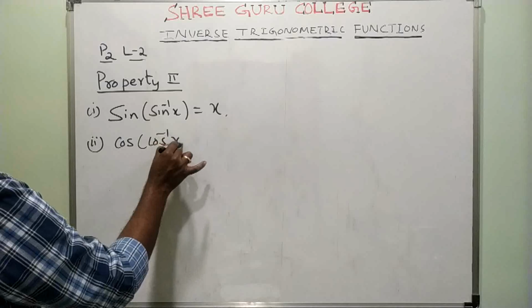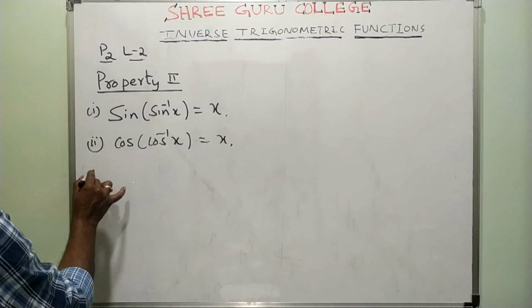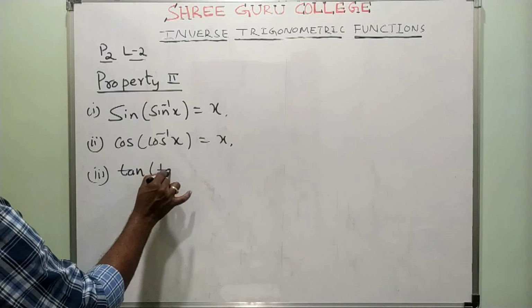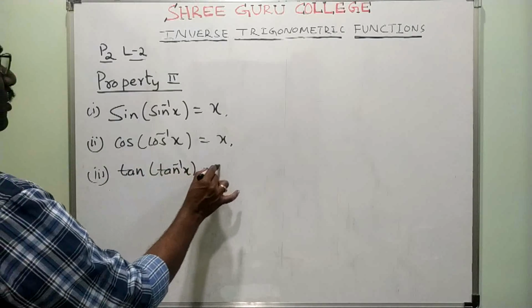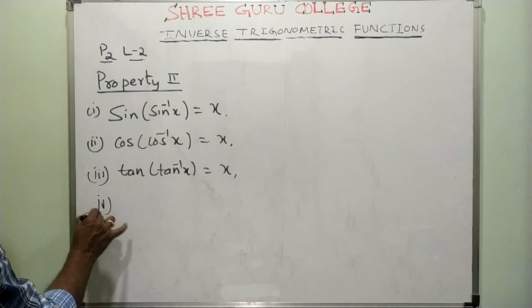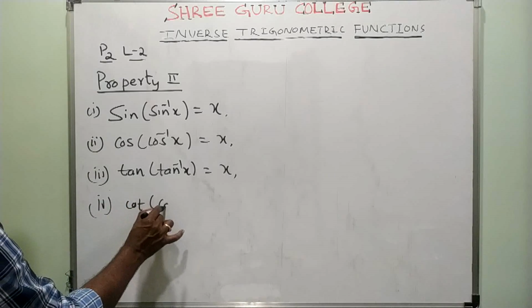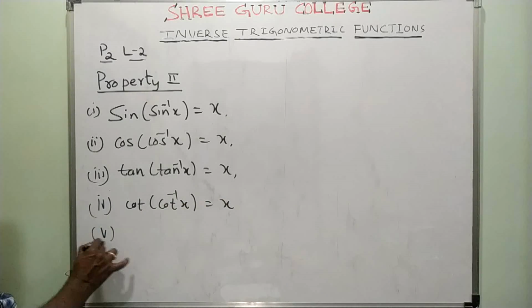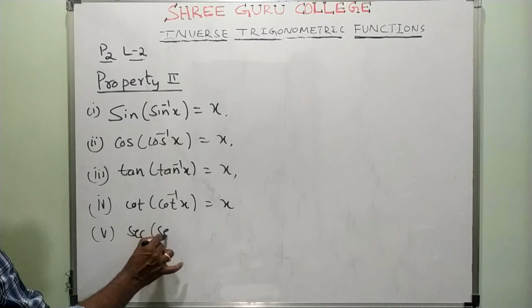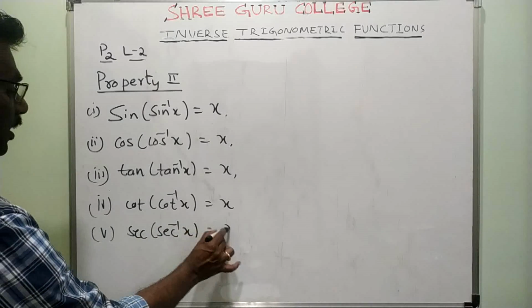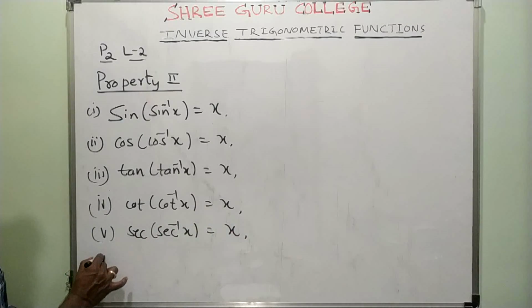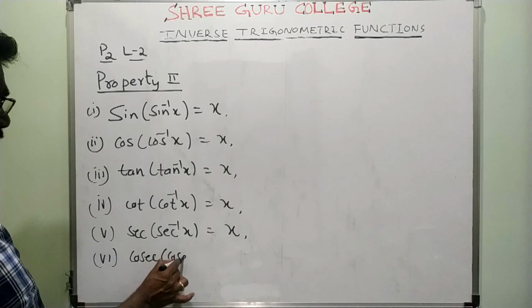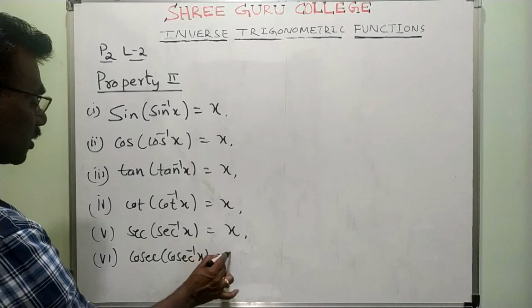Cos of inverse of x is x. Tan of inverse of x is x. Cot of inverse of x is x. Secant of inverse of x is x. And cosec of inverse of x is x.